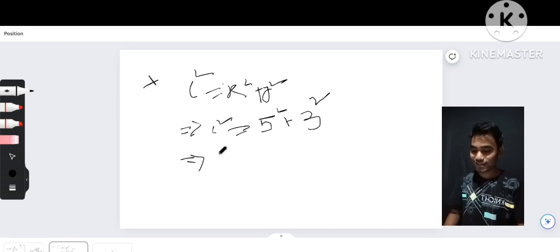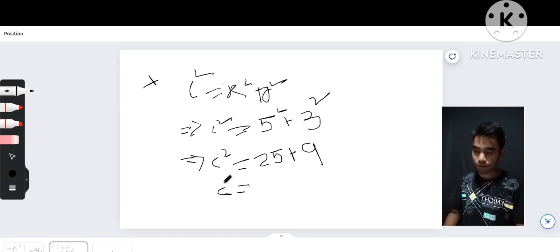So c square will be equal to 5 square, which is 25, plus 3 square, which is 9. If you add them up, that will be 34, I guess.